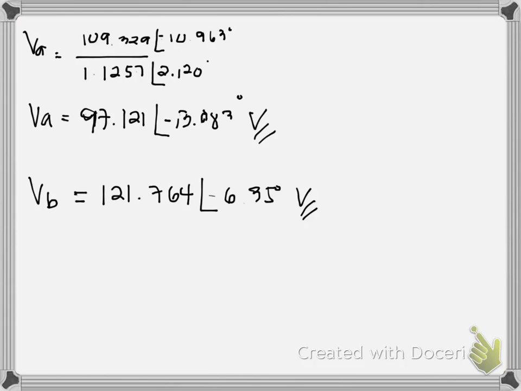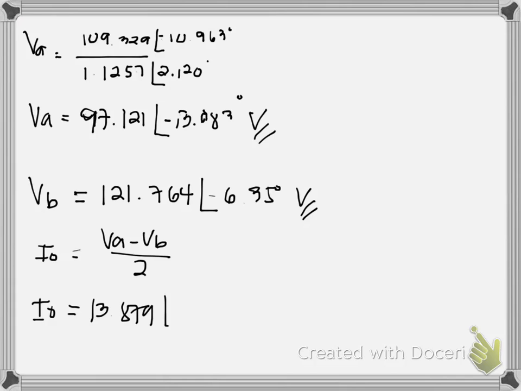And so we can now solve for the current flowing through the 2 ohm resistor. We have VA minus VB all over 2, and this results to 13.879 angle negative 162.124.